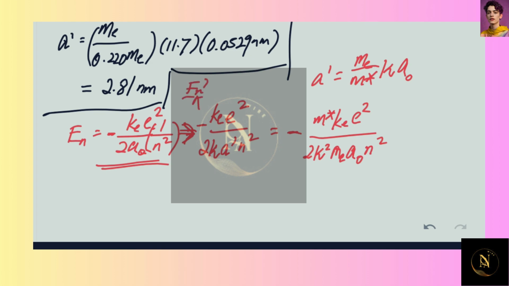Let me just call this En prime. In terms of the original En, we can try to separate it out as such. We have this part, which is the original En, of course including the factor 2 inside.